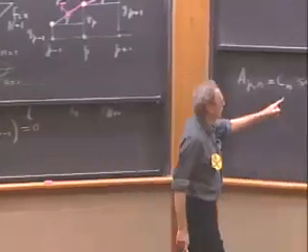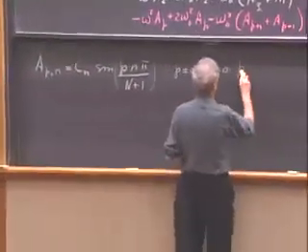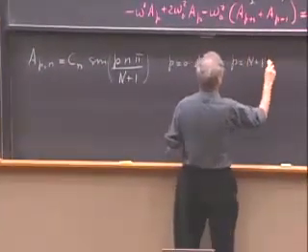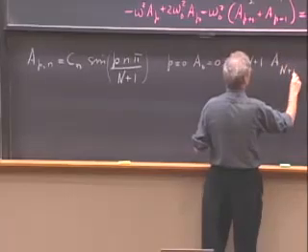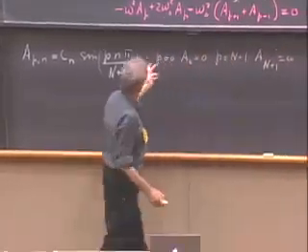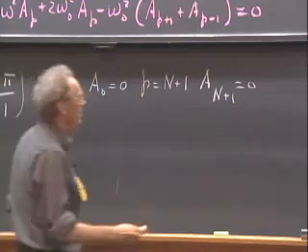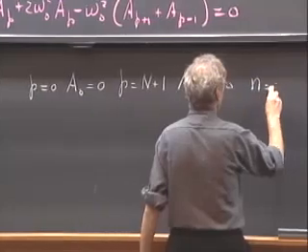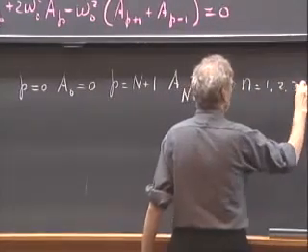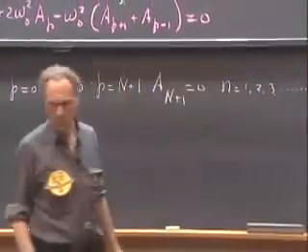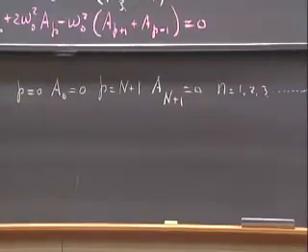Notice also that if you put in P equals n plus 1, that A n plus 1 is also always 0. Just put in P n plus 1, the sine of a multiple times pi is always 0, because n is now our mode. It's going to be 1, 2, 3, etc. These are the modes that we are looking for.